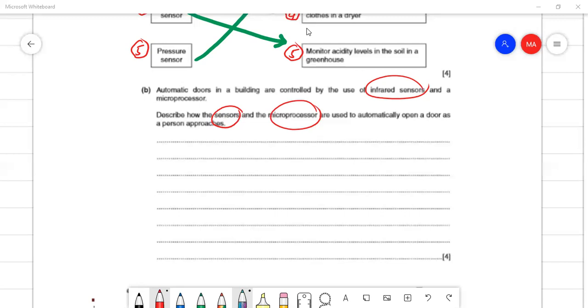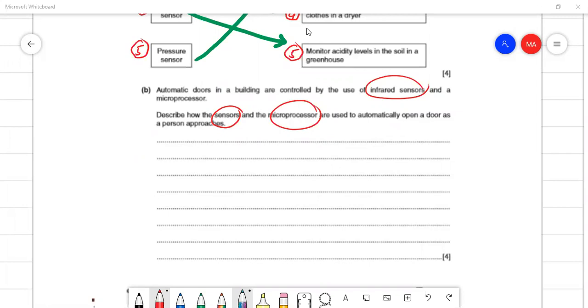Okay. So try to attempt this question part B, and then we will discuss it in our next class. The key point to remember is that in order to attempt such questions, you have to memorize the flow of monitoring and controlling the overall system.